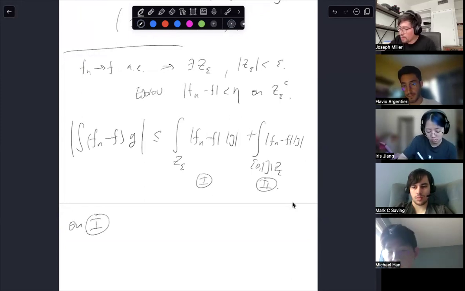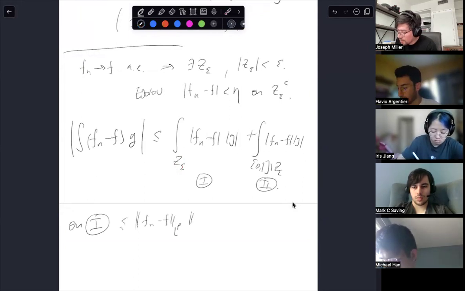I know that this is a set of small measure. So if I do Holder, this is less than or equal to the norm of fn minus f in LP times g in LQ, and each of these is on Z epsilon.